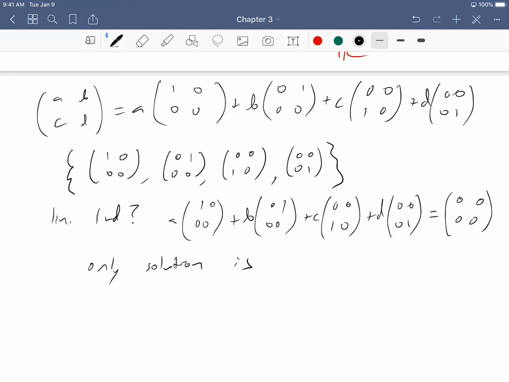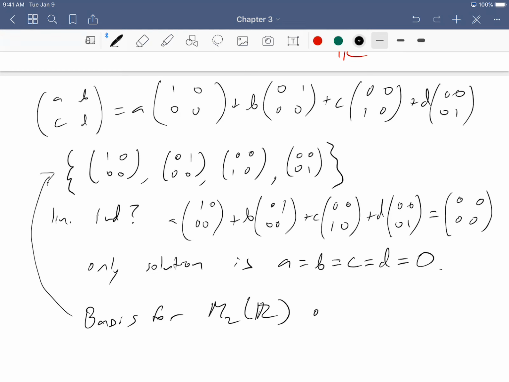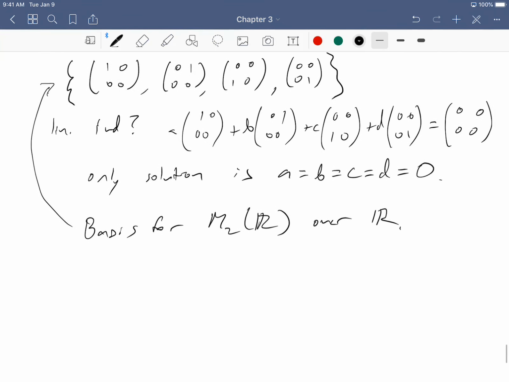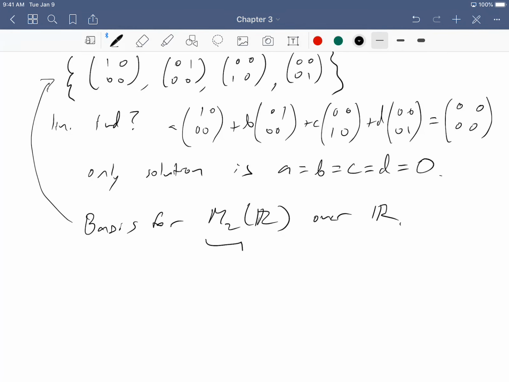You should see that expression up above was just equal to A, B, C, D. We've already seen that. And so I want A to be 0, and B to be 0, and C to be 0, and D to be 0. That's the only solution. And so this is a basis for M2R over R. And so that means that this vector space, M2R, is 4-dimensional.